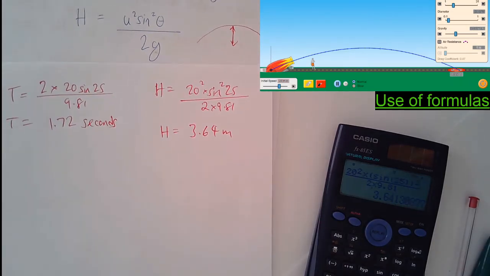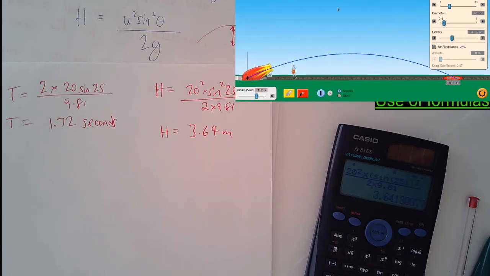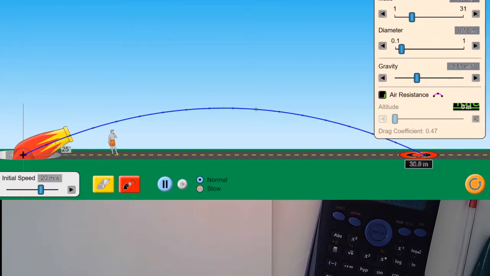Let's test this out. Let's see if we can find this out. Starting here, that's time. Range is the distance. Okay, we know that. That's 30.8. Height, that's what we're after. Right, time. Let's go for time first. So from here to here, I don't know if you can see on the screen. You can just about see it. The time taken is 1.72.